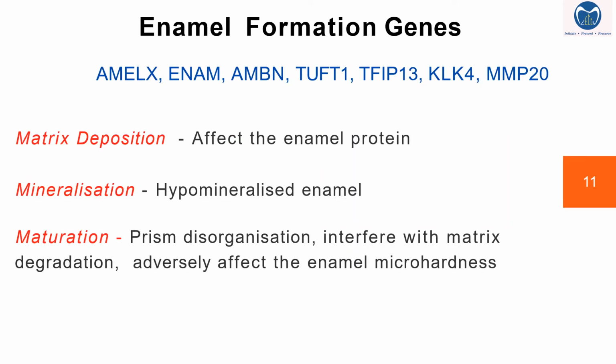Enamel formation basically consists of three processes: matrix deposition, mineralization, and maturation. Any disturbance in any one of these three processes would result in the formation of defective enamel, which is more susceptible to acid demineralization.